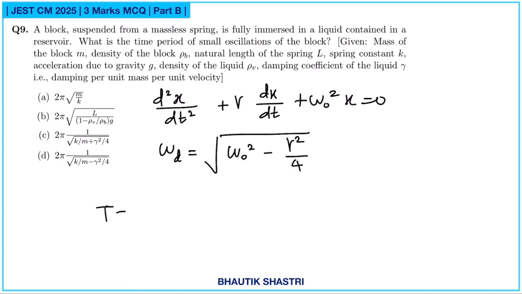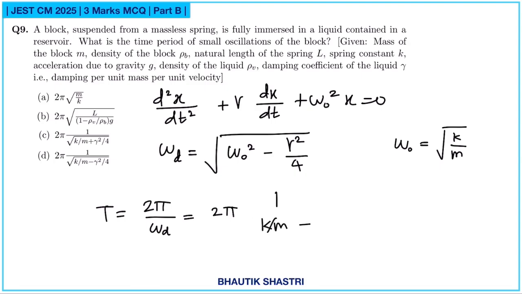So from here the time period will be 2 pi by omega d, which will be 2 pi times 1 upon under root of k by m minus gamma square by 4, where omega naught is under root k by m, the undamped natural angular frequency. So here option D is correct.